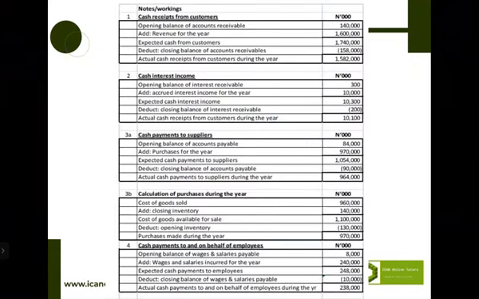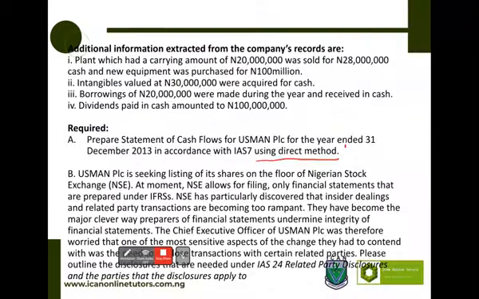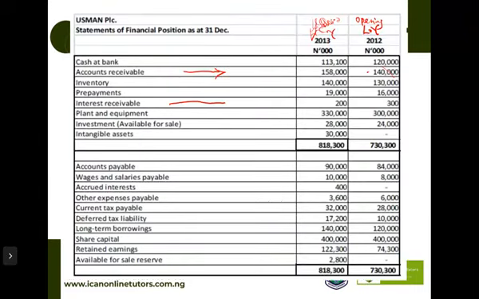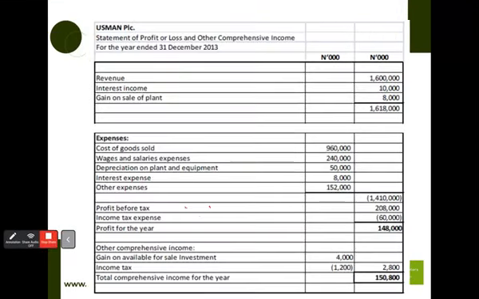This is it. You have the solution here in order not to waste much time. Opening balance, which is that 140,000. Add the revenue for the year, which is 1.6 million.